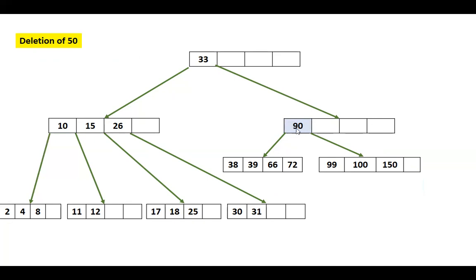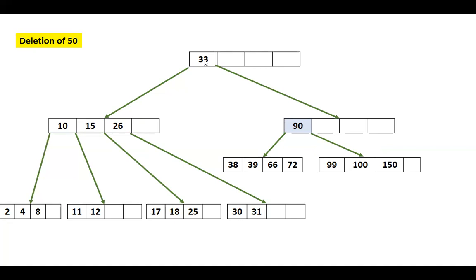So when you merge these two nodes, you have only a single key in the internal node, which is a violation. So it will try to borrow a key from its left sibling, provided it has an extra key. Now the left sibling already has 3 keys, that is, it has an extra key. So it will be borrowing 26. So 26 will move up and 33 will move down.